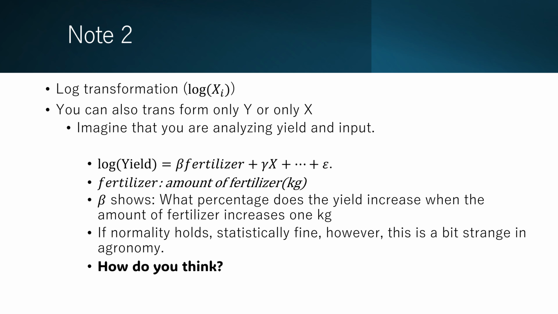For example, in my domain, the agricultural department, we use a dataset of yield and fertilizer, with log yield and fertilizer as it is. Beta shows what percentage the yield increases when the amount of fertilizer increases by 1 kilogram. If normality holds, it is statistically fine; however, this is a bit strange in agronomy.